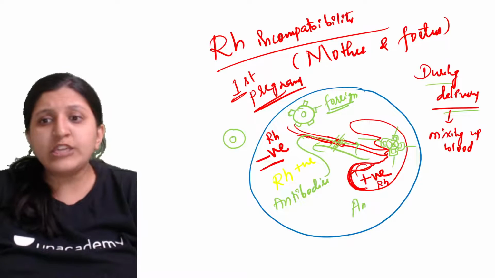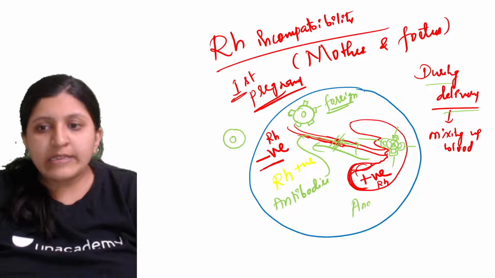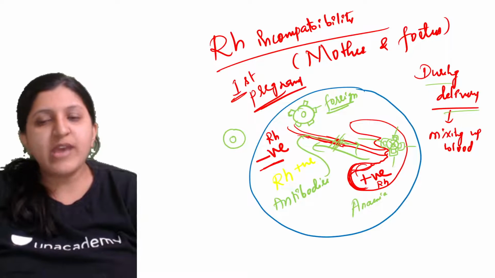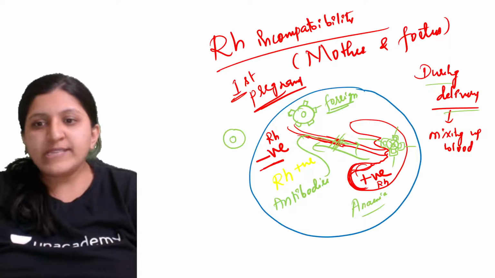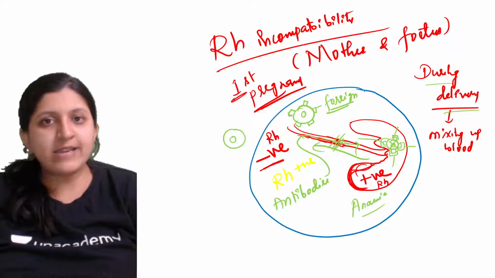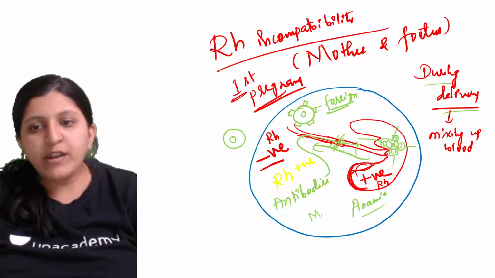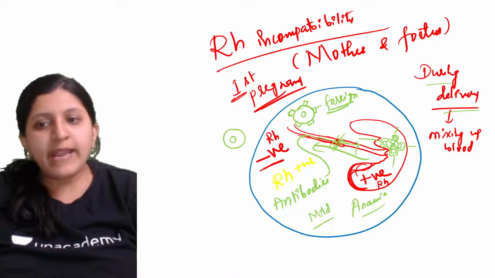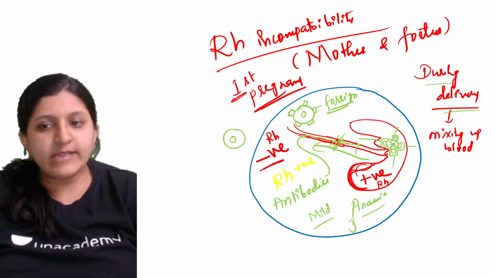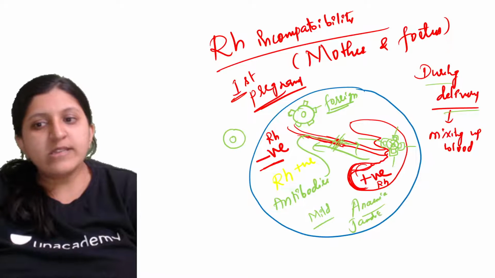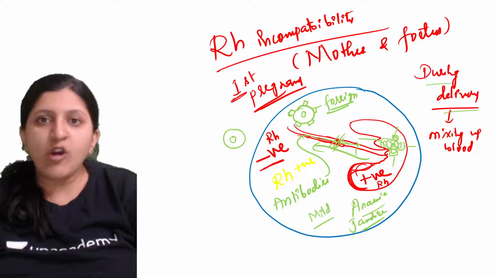That will lead to anemia in this child. This first child will not face any serious damage, so mild damage will be there. That is mild anemia and mild jaundice can be there. Otherwise it will all be normal.